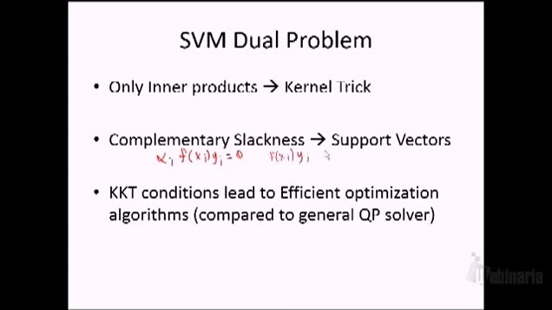This is equal to 0, which means if this term is greater than 0, that is, if your point is away from the decision bound, from the margin, then the Lagrange multiplier has to be 0. In the other way around, if for some training point the Lagrange multiplier is not 0, this point has to be exactly on the margin.